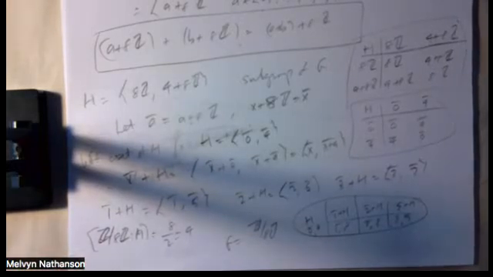Now, when we were looking at congruence classes, we saw that the set of congruence classes itself forms a group, the additive group of congruence classes modulo H. I want to show that there's a similar kind of construction when you have a group and a subgroup, so long as the subgroup satisfies a certain very nice property.